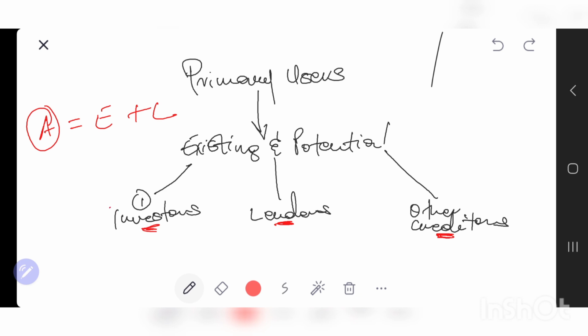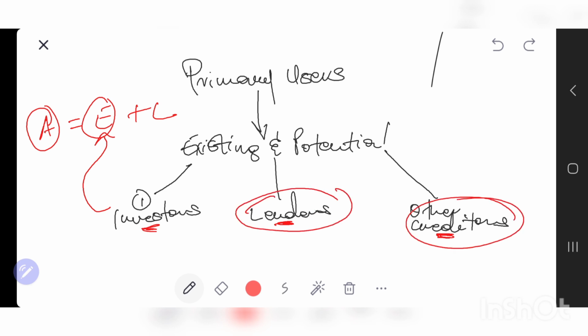The investors provide equity in the form of capital. Capital is the money invested by investors into the business. So the investors provide capital, which forms part of equity. And then the lenders and other creditors lend money to the business.